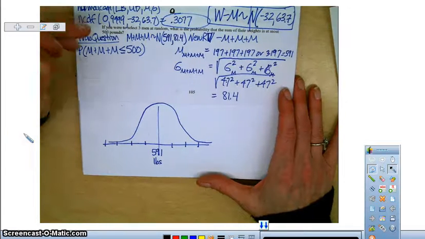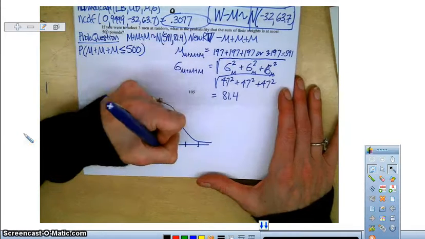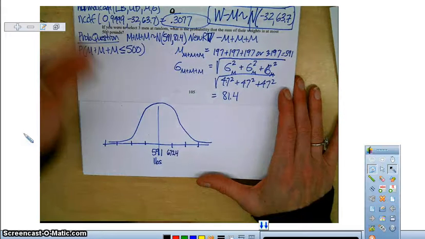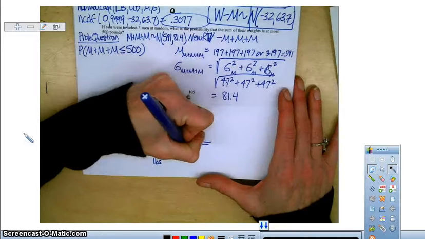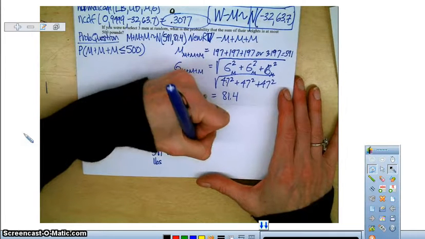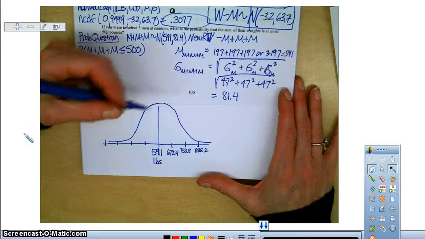So when you add 81.4, what do you get? 672.4. You add 81.4 again. 753.8. Good. Add 81.4 again. 835.2.